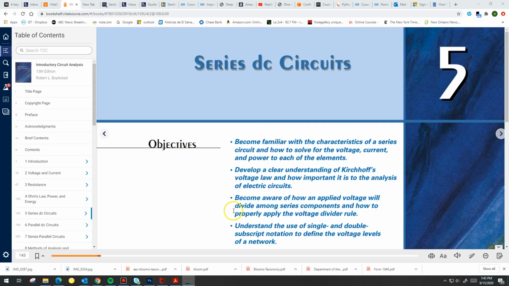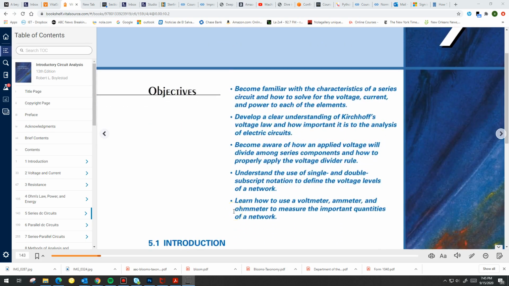We're also going to look at how, when we apply a voltage, that voltage can divide among the series components, and how we can apply what is called the voltage divider rule, a very important property for solving circuits. We're also going to introduce some new notation called single and double subscript notation, so we can understand voltage levels in a network.